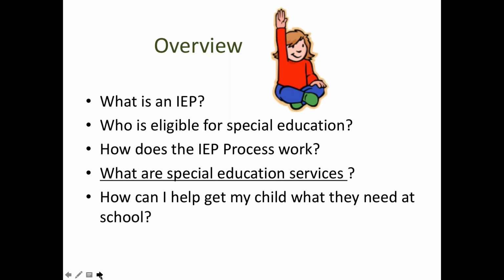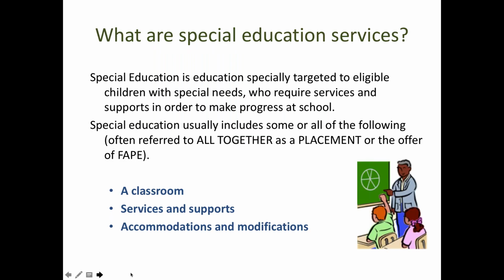Okay, so we've talked about the IEP, we've talked about who's eligible, we've talked about how the process works. Now let's talk a little bit about those kind of services that I was talking about in the placement portion. When we're talking about placement, what are we talking about for special education services, right? So special ed is education targeted to eligible children who require services and supports to make progress at school, right?